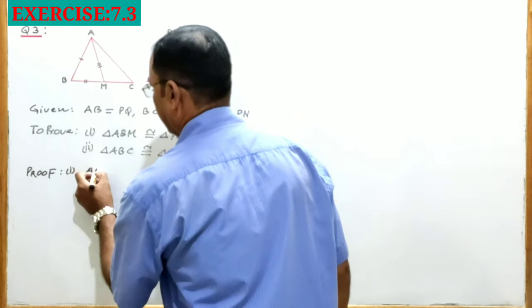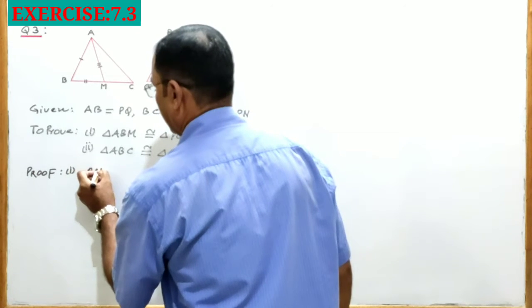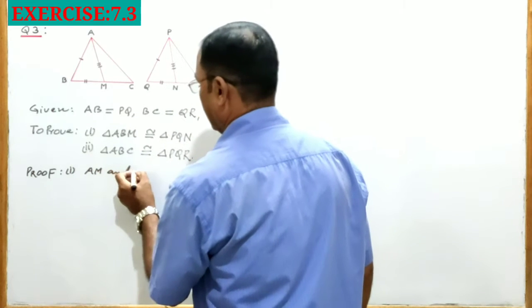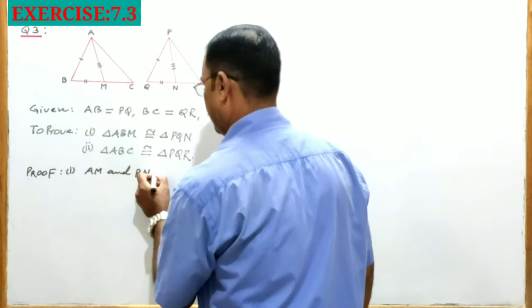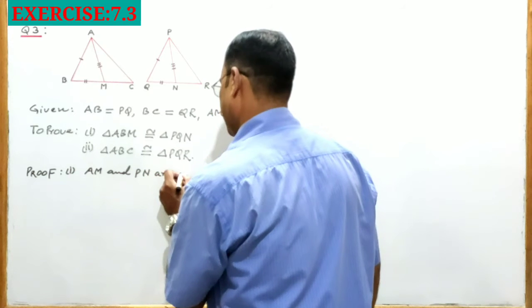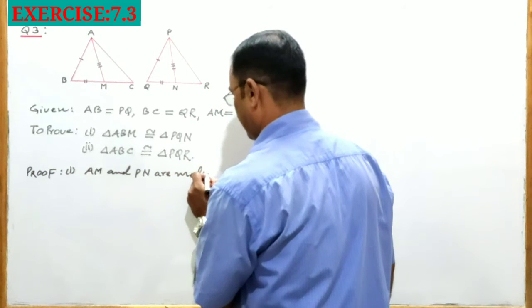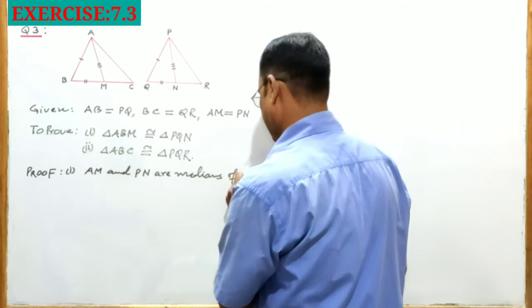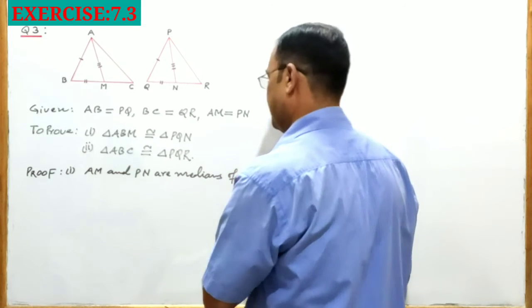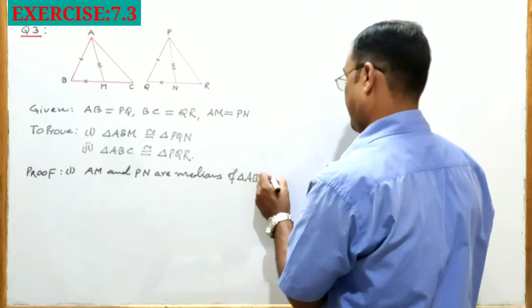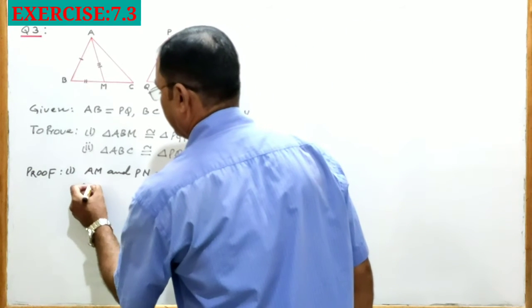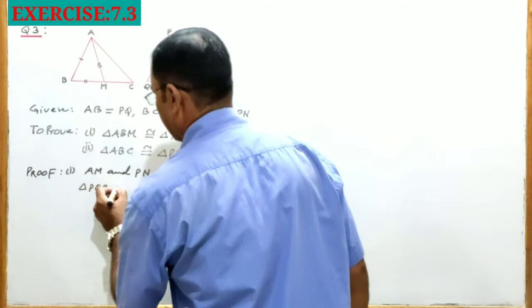AM and PN are medians of triangle ABC and triangle PQR respectively.